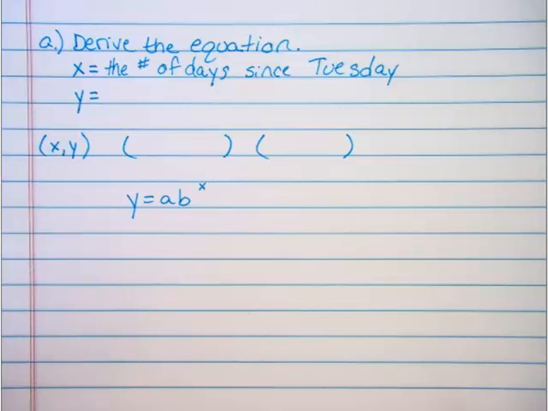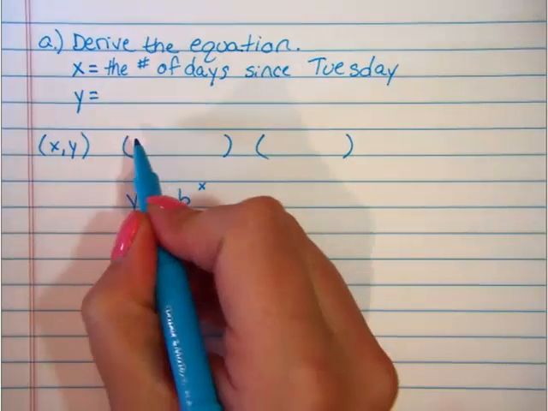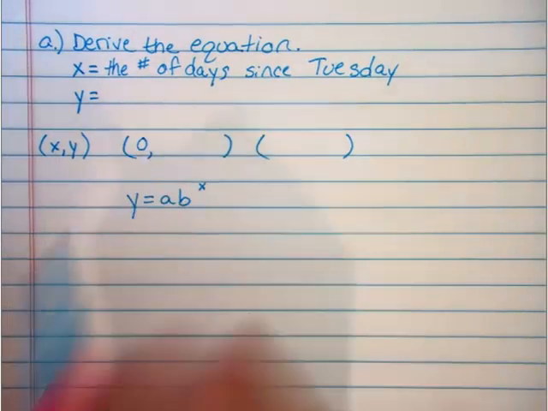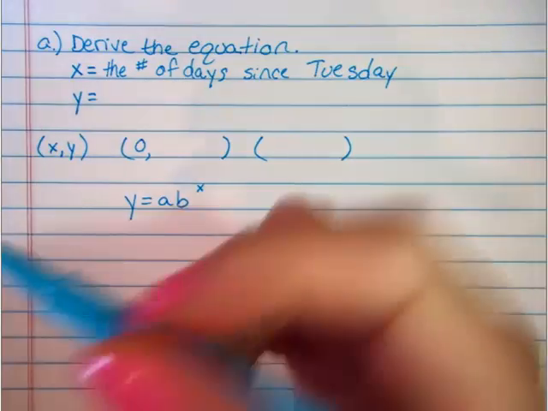Initially, before anything happened, that is Tuesday, that's day zero. And that makes my coordinate point really easy, because on that Tuesday, there's 2,000 bacteria. So x is going to be 0 initially because it's 0 days since Tuesday happened. And then my y value is the number of bacteria, specifically the number of bacteria per square millimeter.